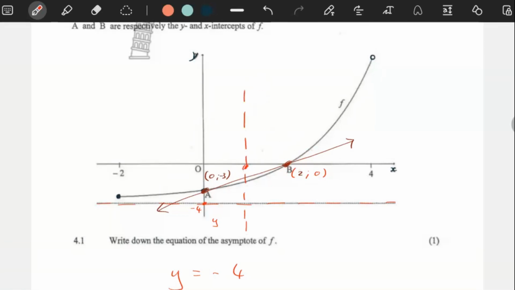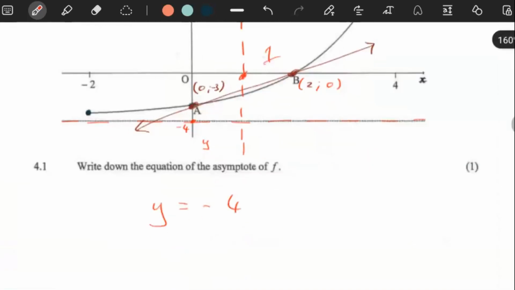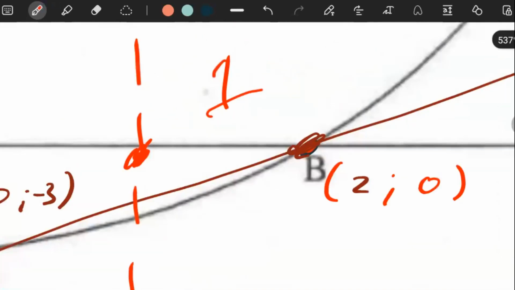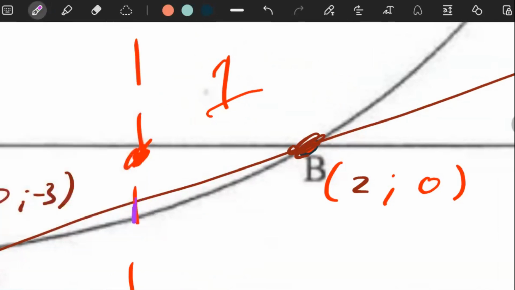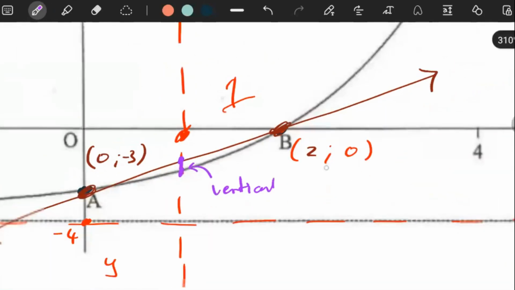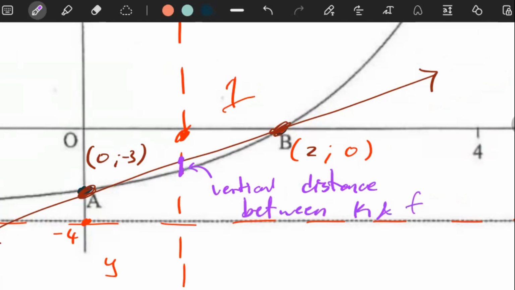If they want you to work out the vertical distance between those two graphs, they literally are asking for the distance here, from here all the way until there. That's the vertical distance between k and f. This is the distance they want.